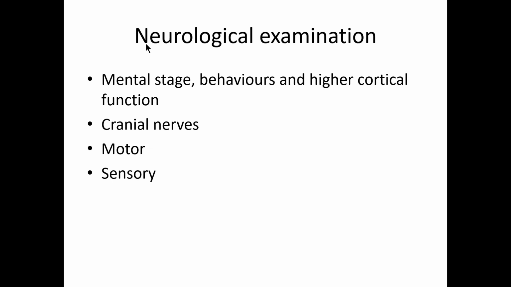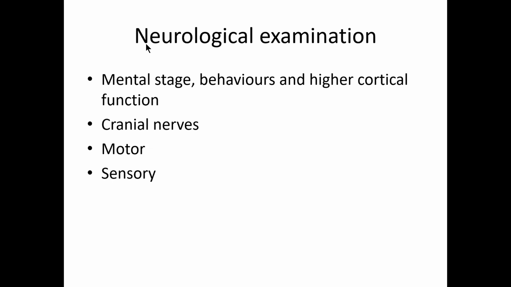How many systems do we examine? Basically only four. One is higher cortical function, another is cranial nerves, another is motor, and another is sensory. For mental state, you can do the mini mental state score, and you can observe whether this patient is talking rubbish or behaving inappropriately, and you can get all the information in your outpatient clinic setting.